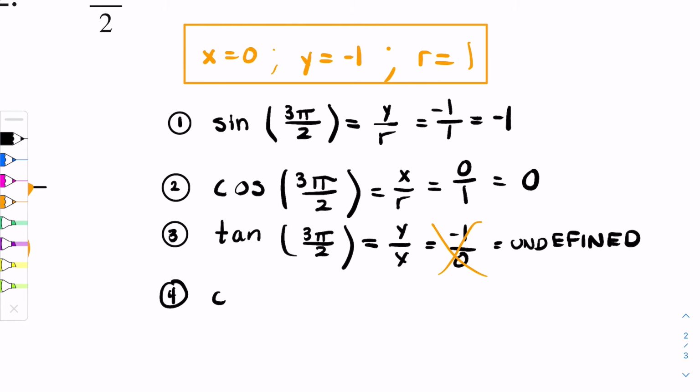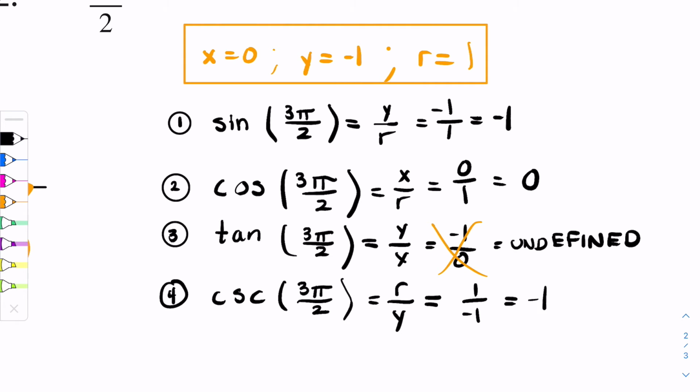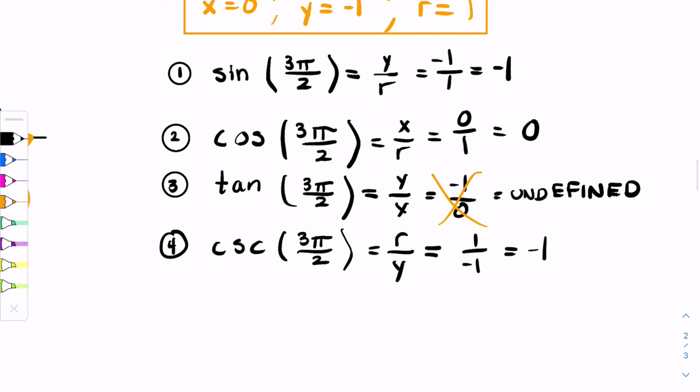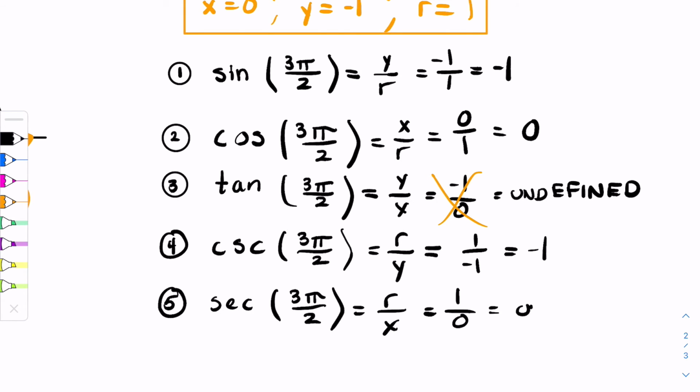Fourth is your cosecant of 3 pi over 2, found by r over y. That's equal to 1 over negative 1, or negative 1. Next we have secant of 3 pi over 2, r over x, or 1 over 0, which is undefined.